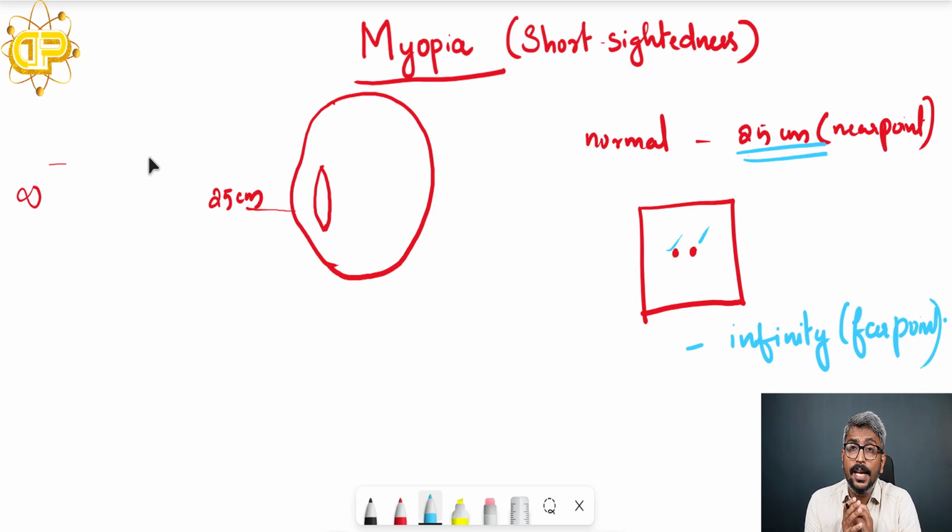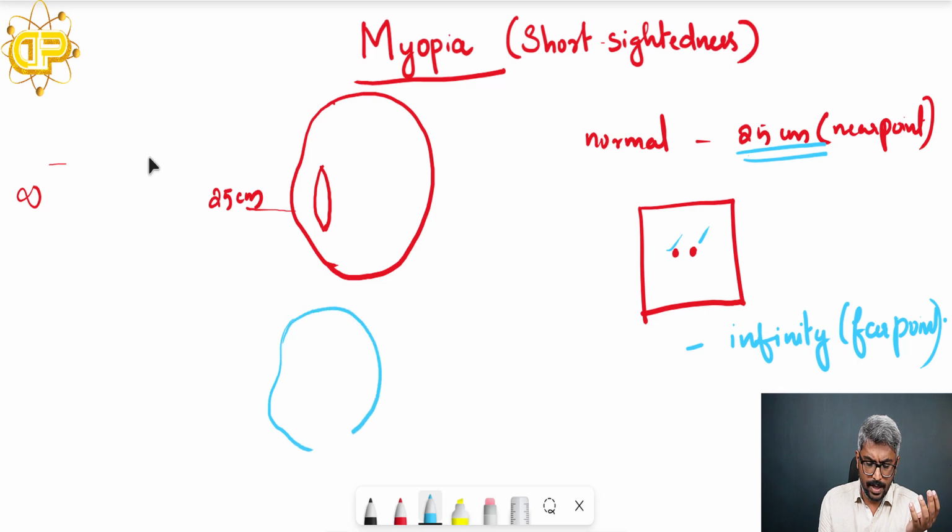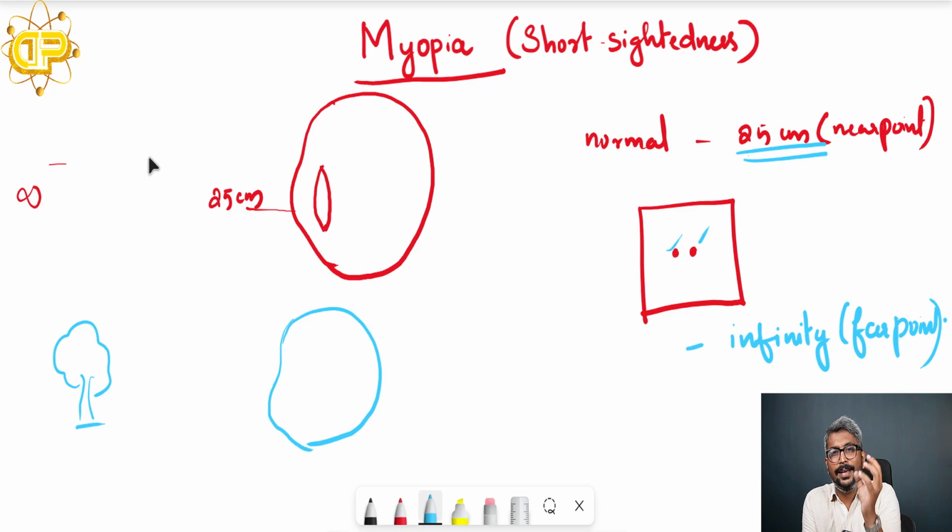Now in the case of myopia, if anyone has myopia, then you can see near objects. That means an object kept near to your eyes can be clearly seen. But if something is there at infinity, like a tree at the far point, then your eyes will not be able to give a clear image of this object.